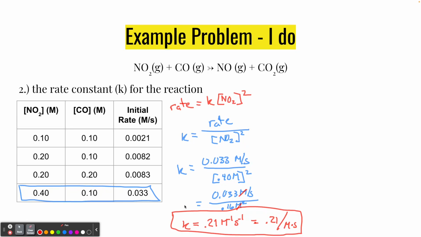So with that being said, guys, we need experimental data in order to find these things. Once you find the reaction orders of your reactants, you can write the entire rate law. And once you have the rate law, you can then find your rate constant K for that given chemical reaction.